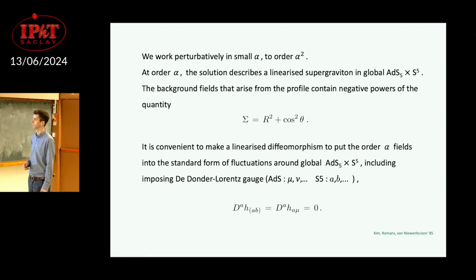It's not good coordinates for exhibiting the fact that this is a single particle chiral primary. So it's convenient to make a linearized diffeomorphism to put the order alpha fields into the standard form of fluctuations around global AdS5 times S5, as goes back nearly 40 years now, and imposing the de Donder-Lorentz gauge.